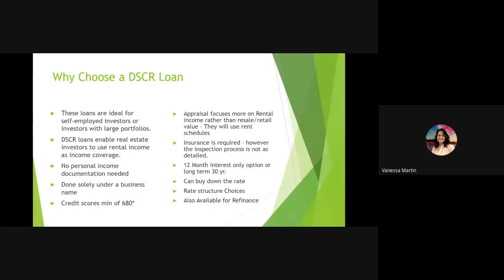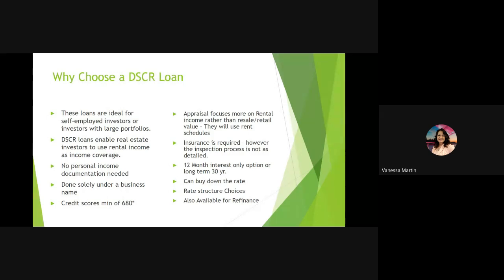Normally with other conventional loans, they limit you, you're only allowed to have 7, maybe even 10 properties with a regular conventional loan. With this product, there's no limit on how many loans or properties you can have. So that is probably why this is the most popular with our investors.